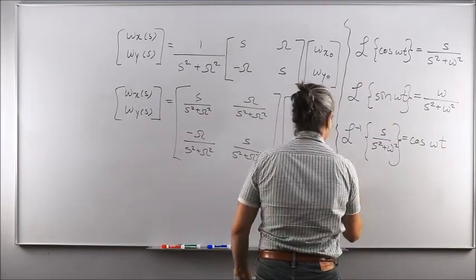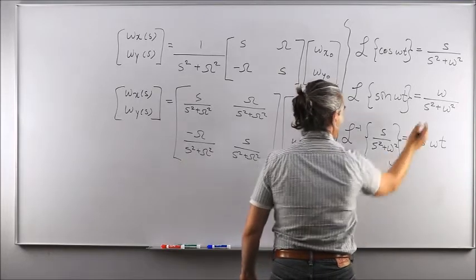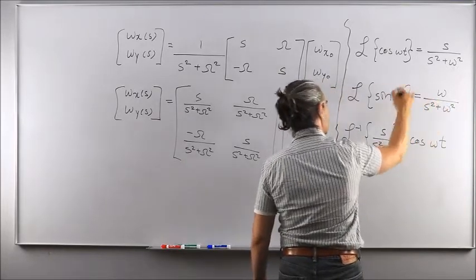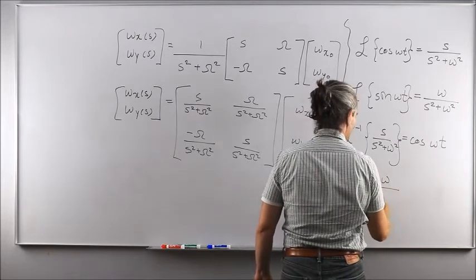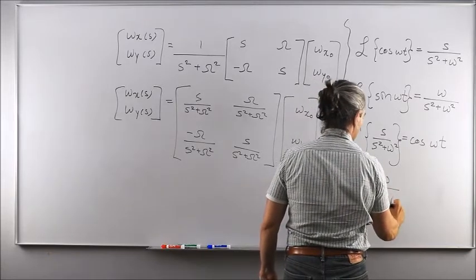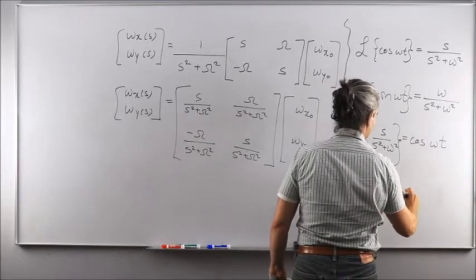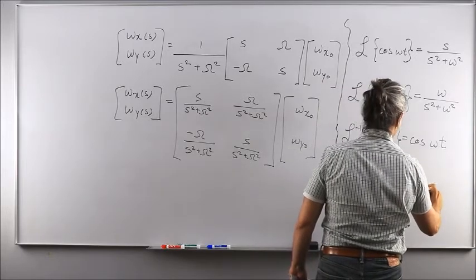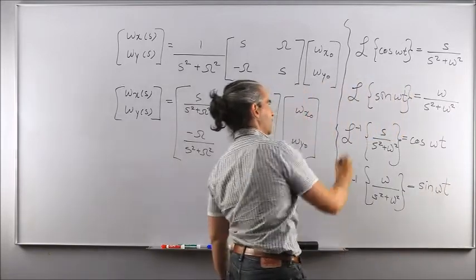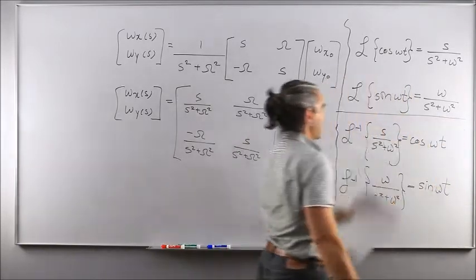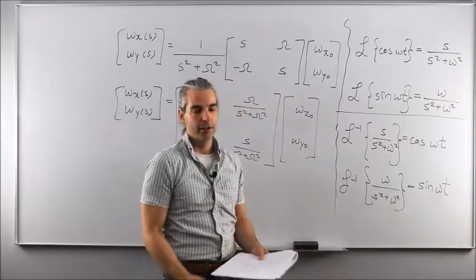And taking the inverse Laplace transform of this would give you the sine omega t. Okay, so inverse Laplace of omega over S squared plus omega squared would give you sine of omega t back in the time domain.